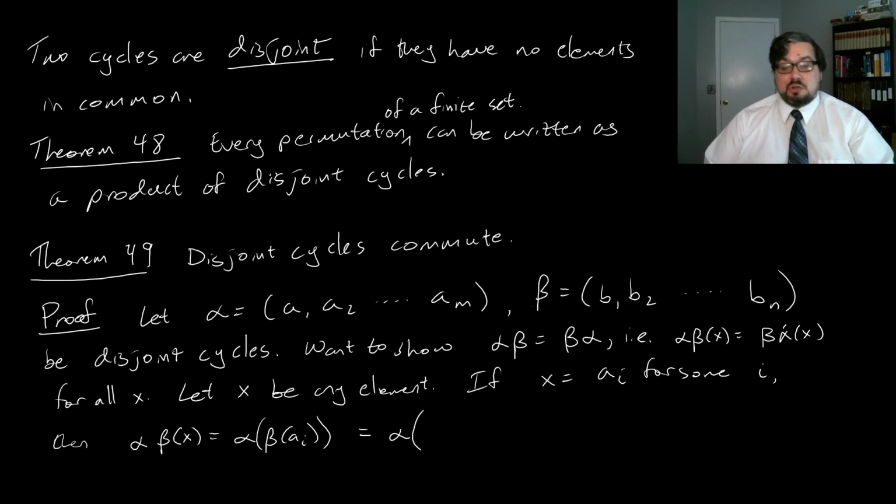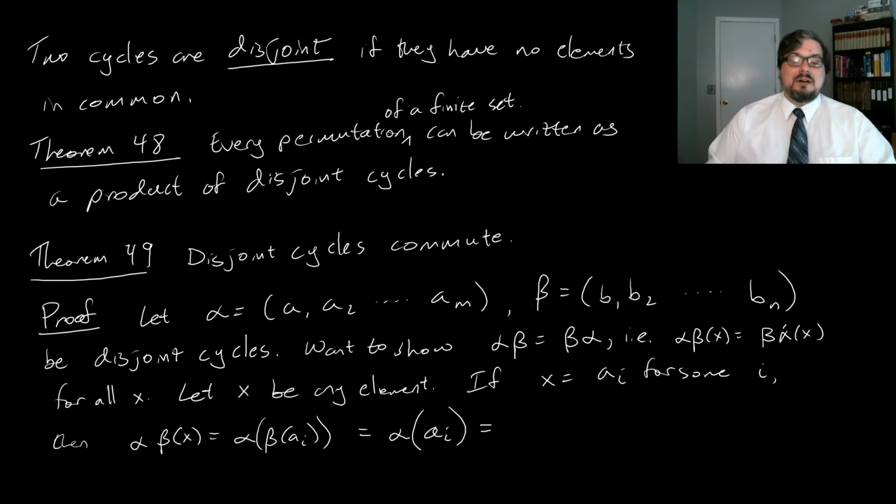And this is because we assumed that alpha and beta were disjoint cycles, which means all the a's are different than all of the b's. None of the a's appear in the b's, none of the b's appear in the a's. So in particular, this means that beta of ai is just going to be ai, because ai doesn't appear in the cycle beta, and any element that doesn't appear in the description of beta is assumed to just be sent to itself under beta. So beta sends ai to ai.